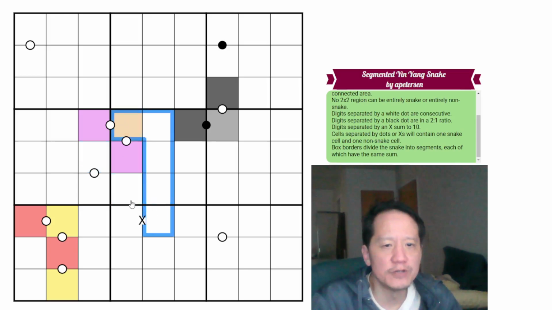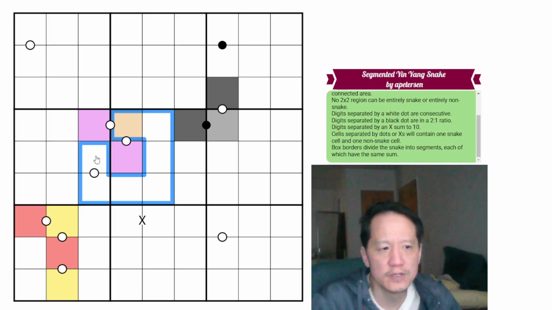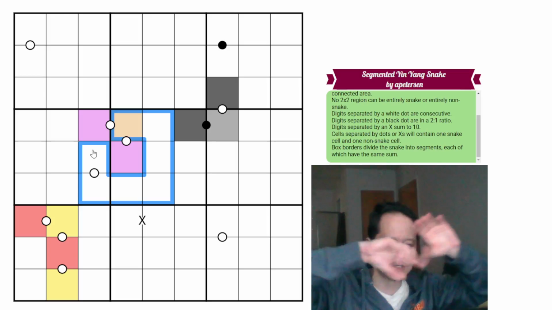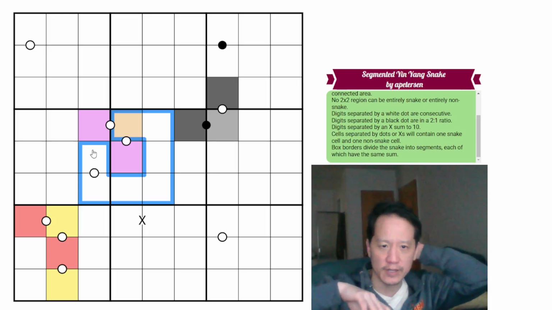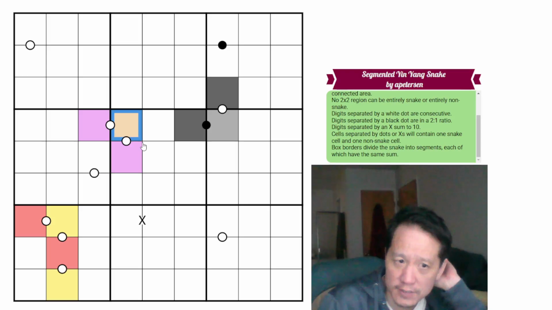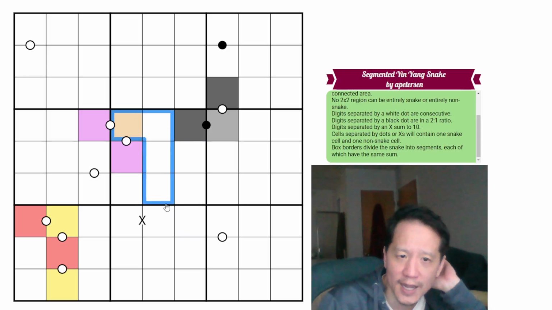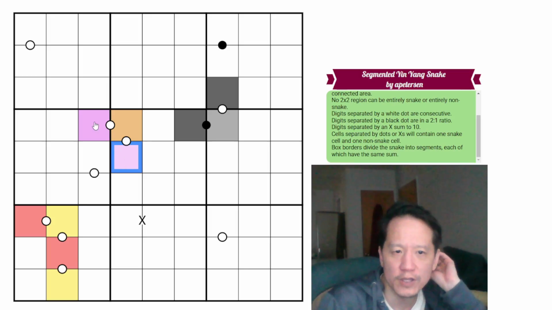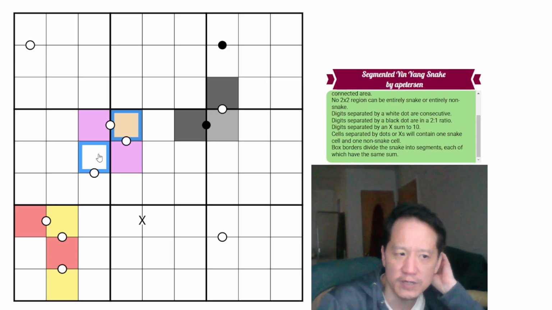In a normal yin-yang puzzle, you have two contiguous sets of orthogonally connected cells, and they're separate, obviously, but one is connected to itself, all orthogonally connected, and the other one is connected orthogonally to itself.